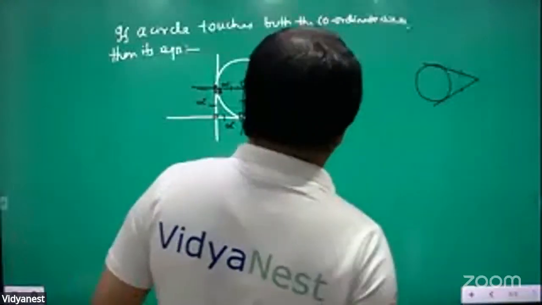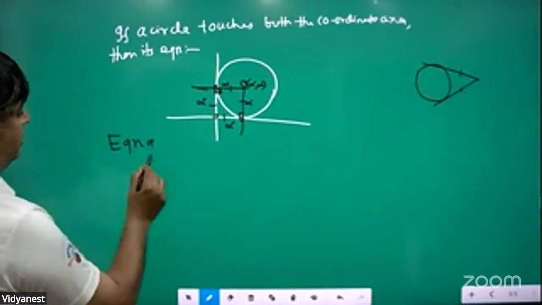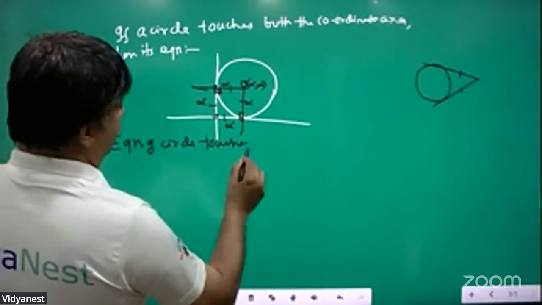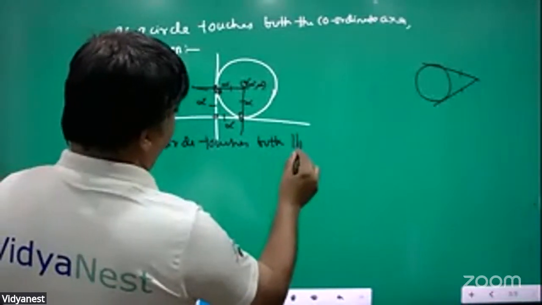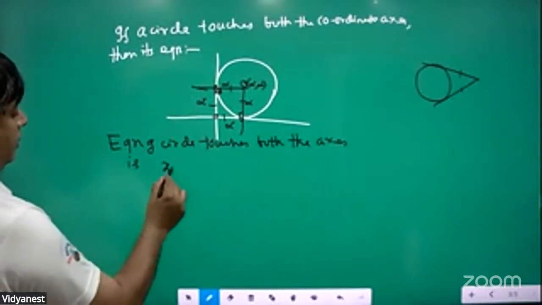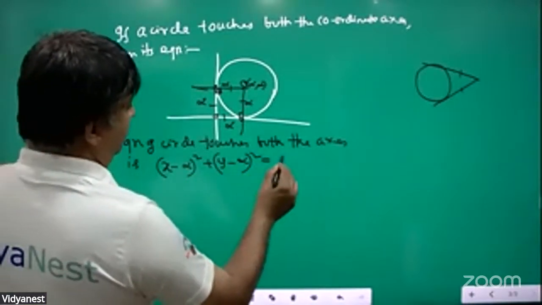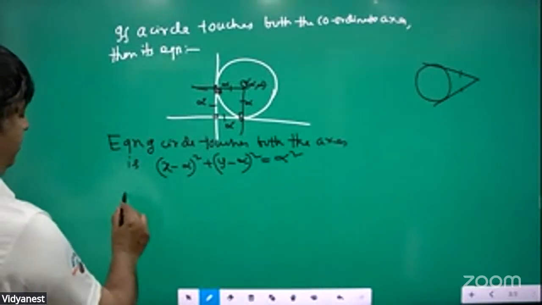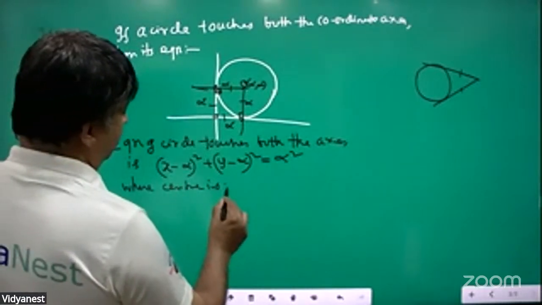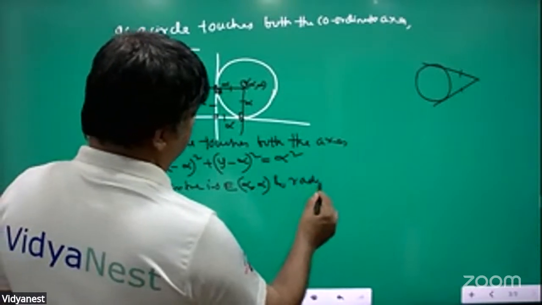So taking reference from this, we can get the equation of a circle that touches both the axes: x minus alpha whole square plus y minus alpha whole square is equal to alpha square, where the center is alpha comma alpha and the radius is also alpha.